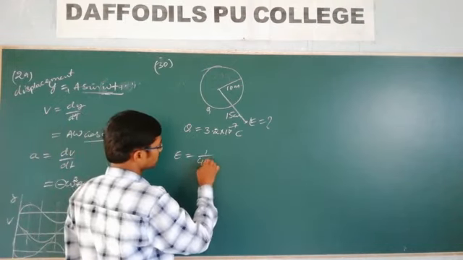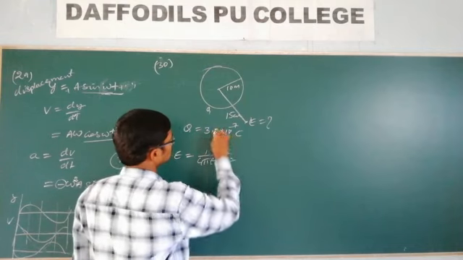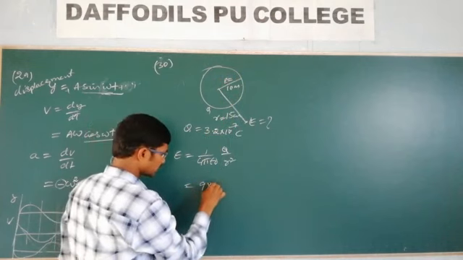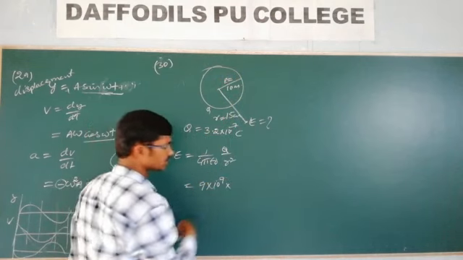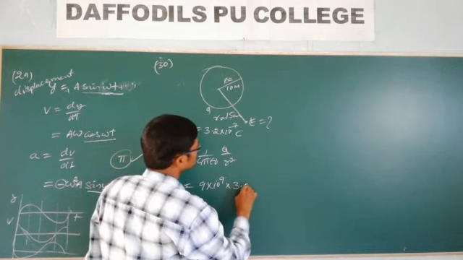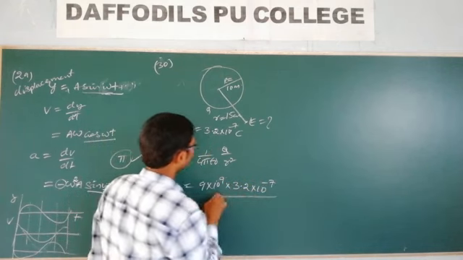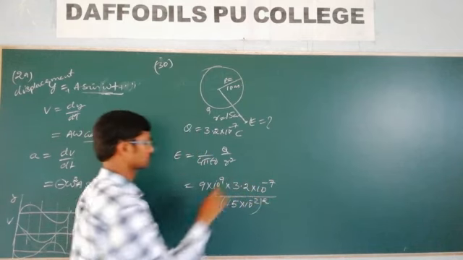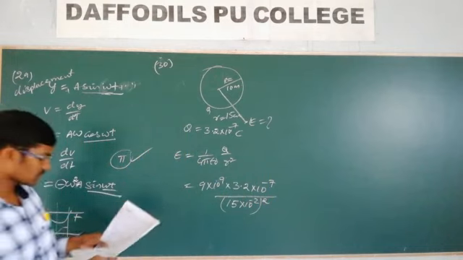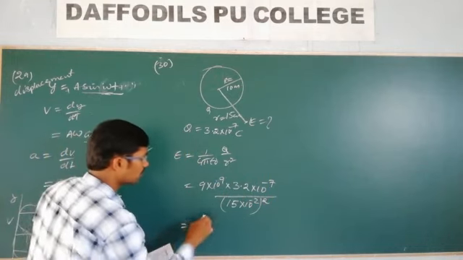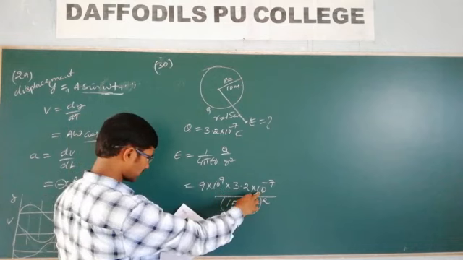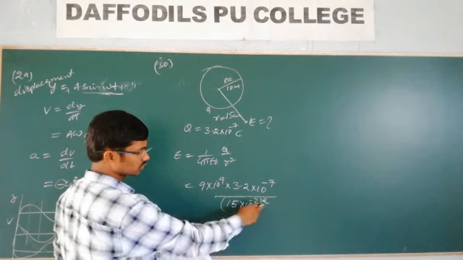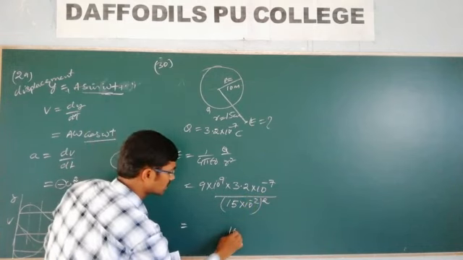The electric field inside is 0, but outside it acts as a point charge. Then 1 by 4 pi epsilon naught into q by r square. Here we need to take small r, this is the radius. Then 9 into 10 power 9 into q, 3.2 into 10 power minus 7, by 15 into 10 power minus 2 whole square.